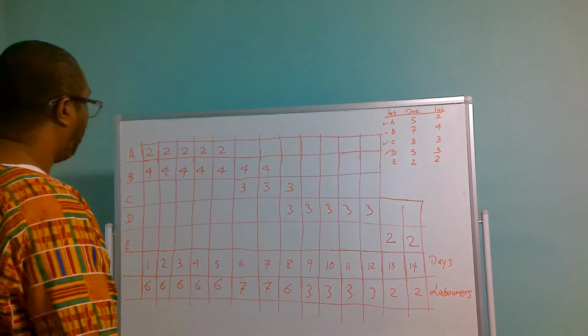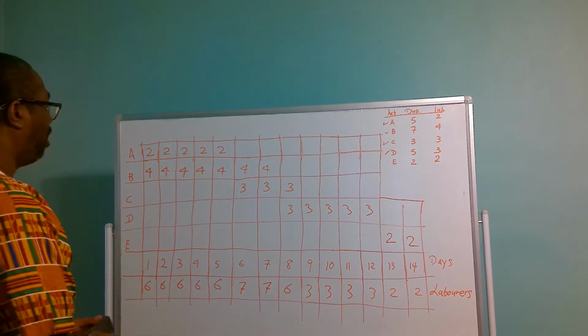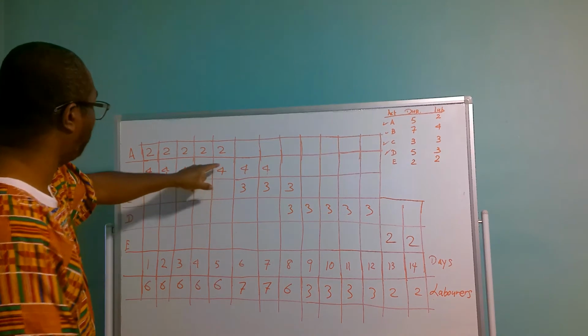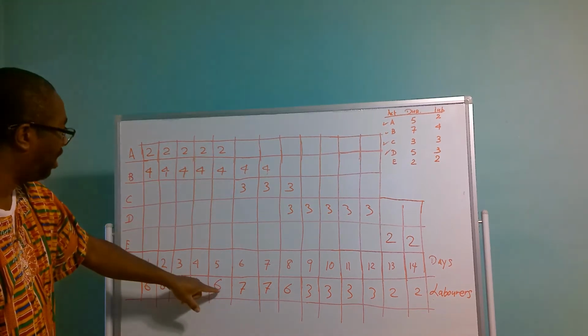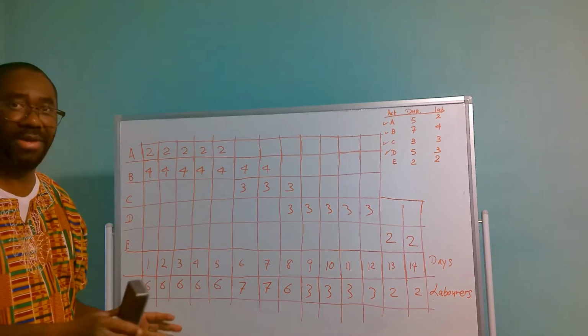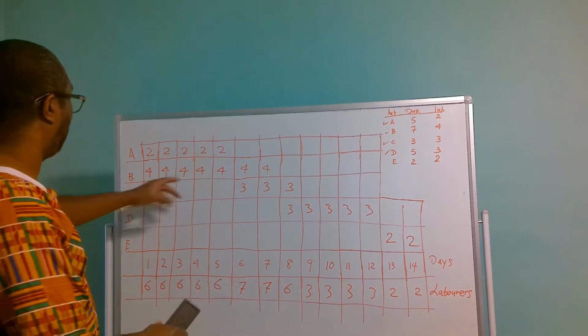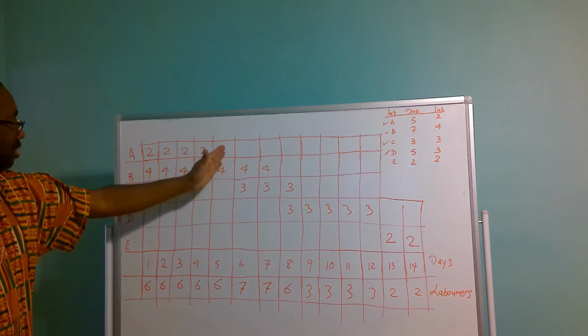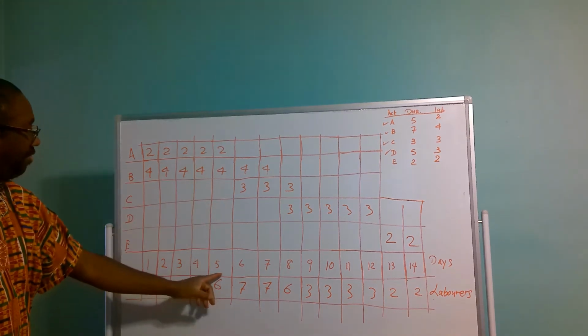So we go back to A now. And we know that A has 2 floating days, but it is not affecting anything, because A stops right at this column here at day 5.